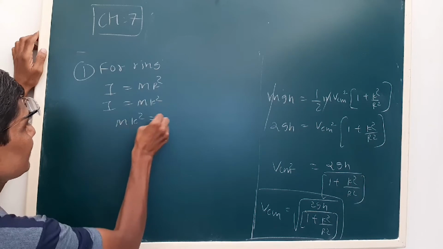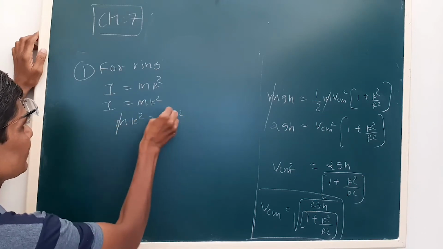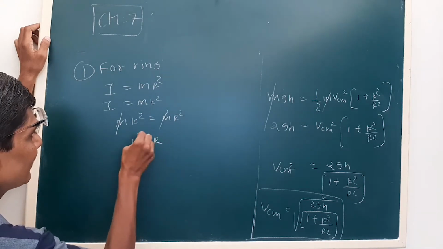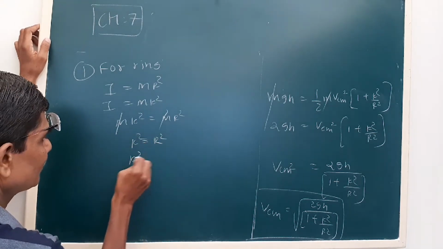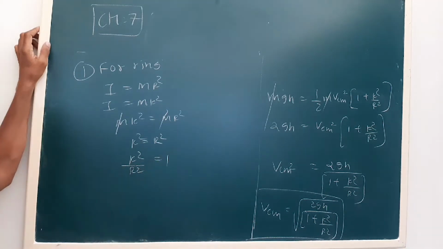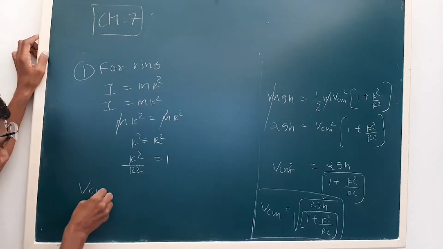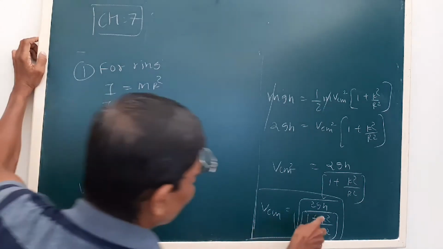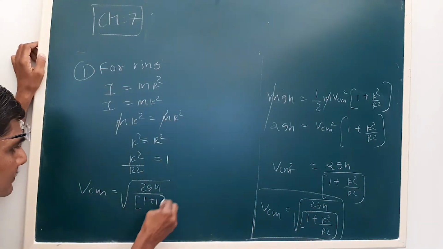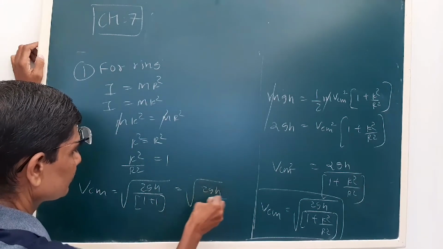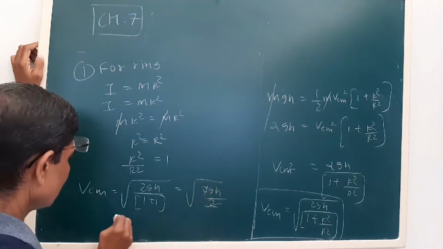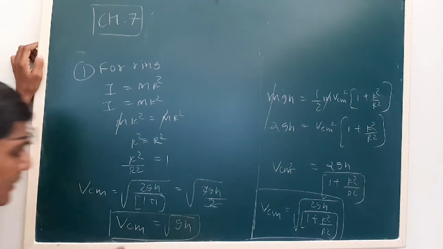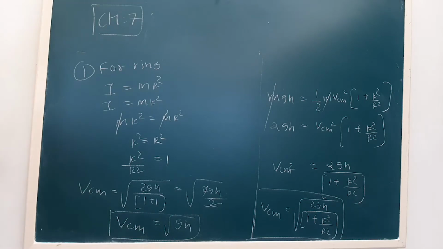So mk square is mr square, so k square is equal to r square. We can say k square upon r square will be 1. If I substitute here in 2gh upon 1 plus k square by r square, we have obtained 1 plus 1. So for a ring, the velocity of the center of mass at the bottom of the slope is root gh.